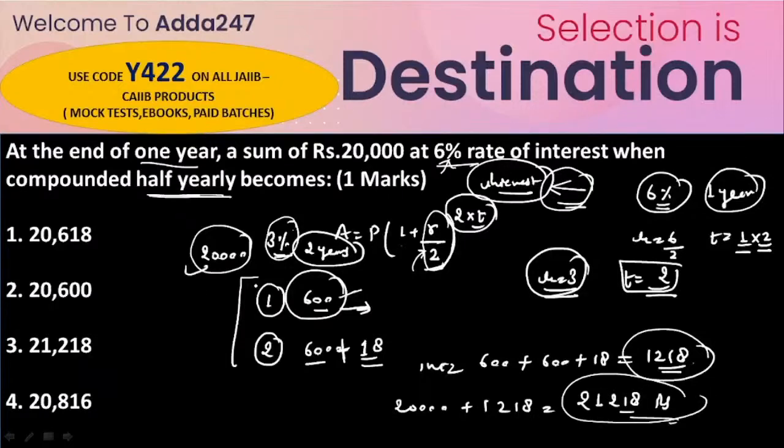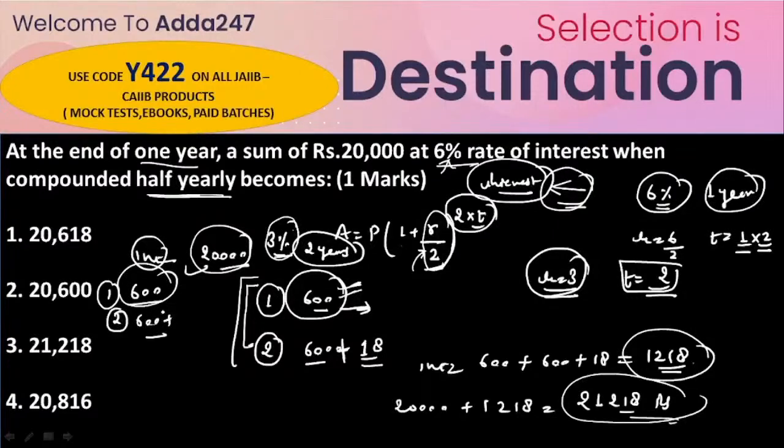Okay, this is our timeline, and this is our rate of interest line. Suppose we have to calculate for 2 years. We know that if the rate of interest of 3% is applied on the principal amount, that would be equal to 600, and in the second year this 600 would be the same, as we are calculating the simple interest only.